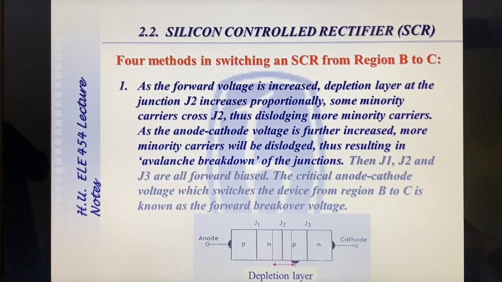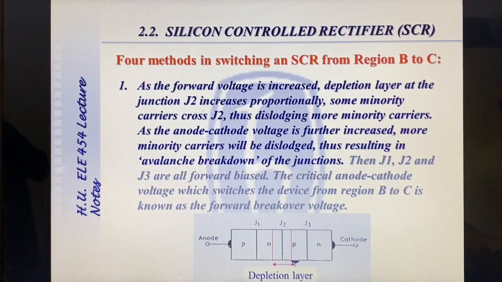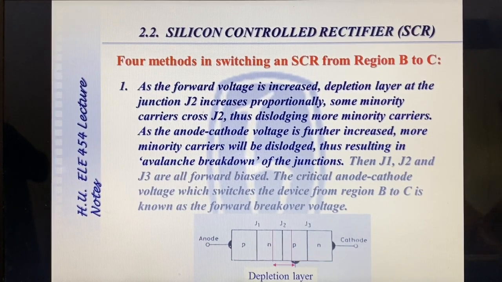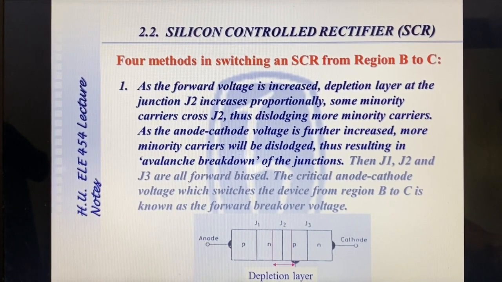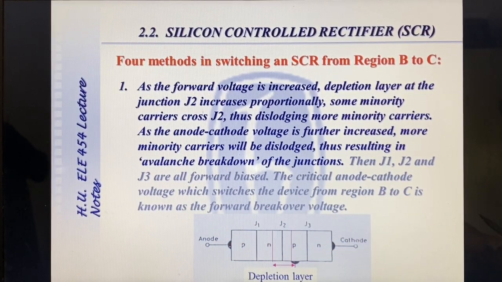First, as the forward voltage is increased, the depletion layer at junction J2, the central junction, increases proportionally, and some minority carriers cross junction J2, thus dislodging more and more minority carriers, resulting in avalanche breakdown in the junctions.